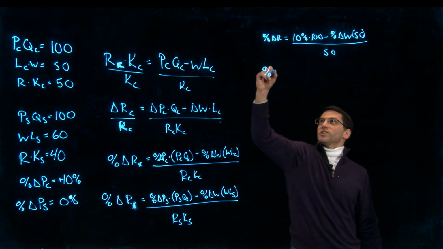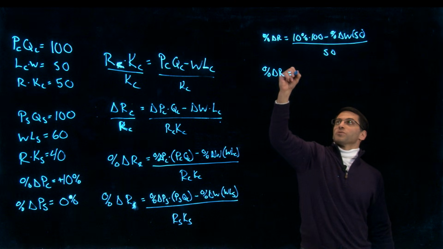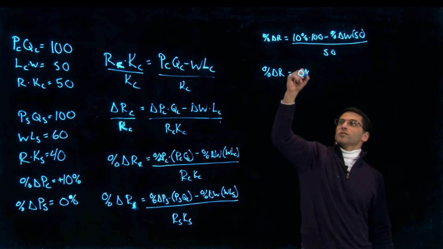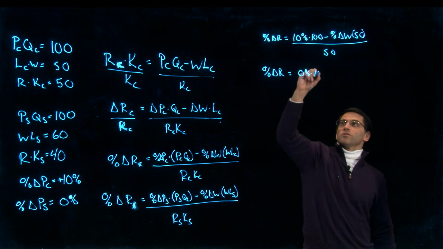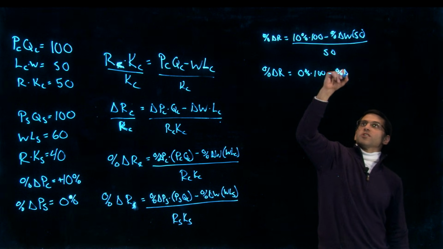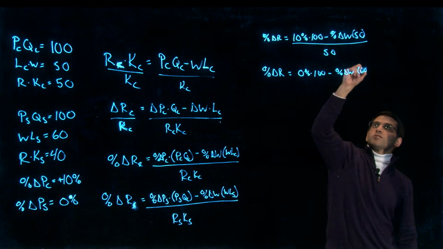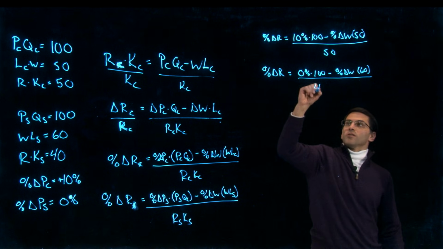And the percent change in the rental rate from our second equation is equal to the percent change in the price of shoes, which was 0, times 100 minus percent change in W times 60, all over 40.